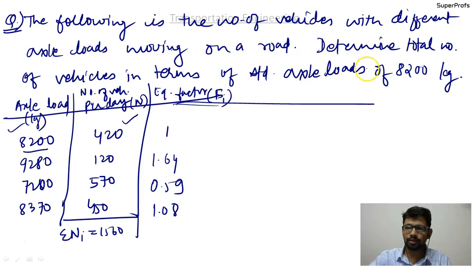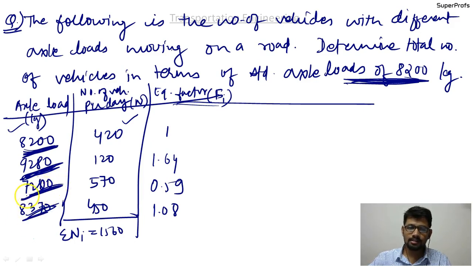In the question they have mentioned that the standard axle load is 8200 kg, and these are the actual axle loads: 8200, 9280, 7200 and 8370. As soon as the actual axle load is less than the standard axle load, you see that the equivalency factor is greatly reduced. Please take note of this.